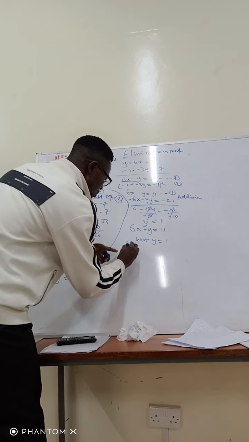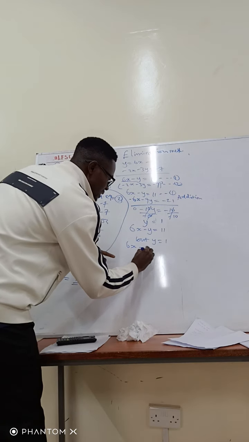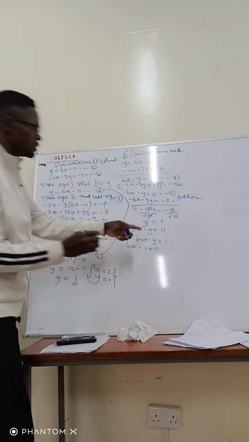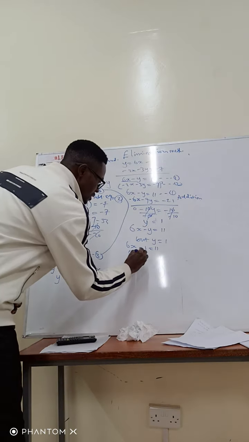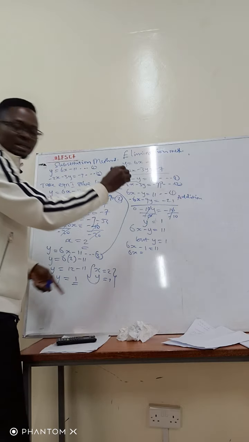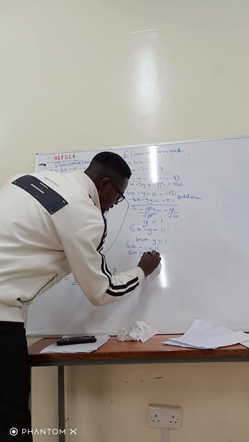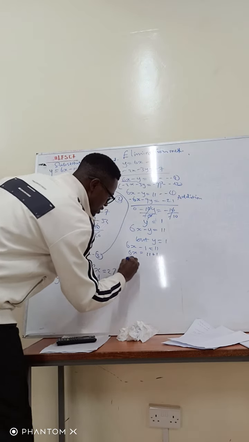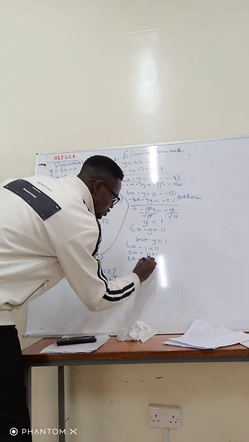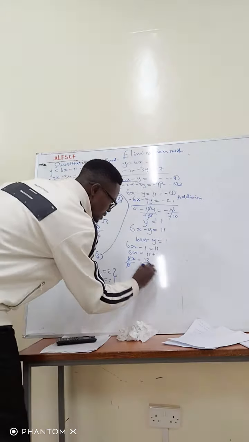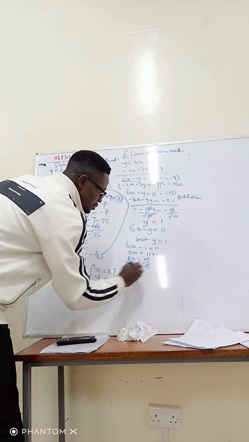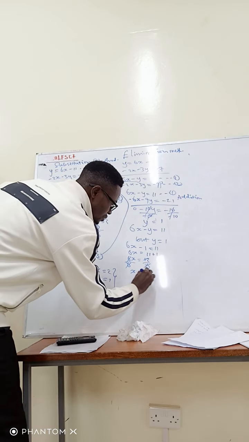So 6x minus 1 is equals to 11. So now we have 6x is equals to, take this 1 to that side, it will become 11 plus 1. So 6x is equals to 12. Now we are solving for x. Divide by 6, divide by 6. 6 divided by this will give you 2. x is equals to 2.